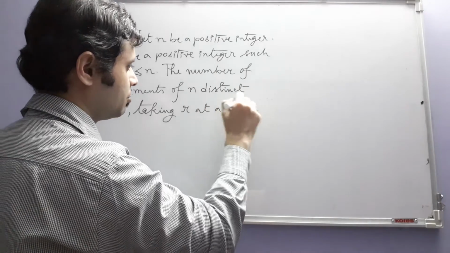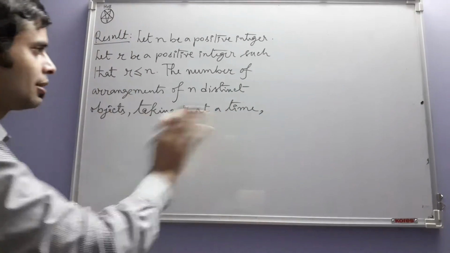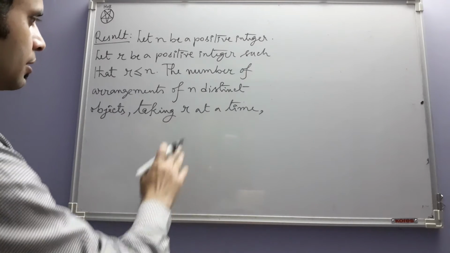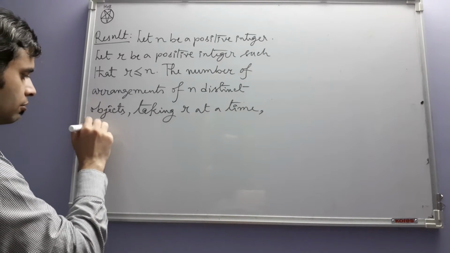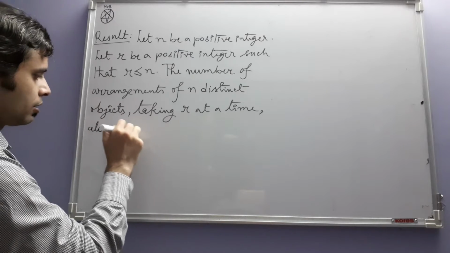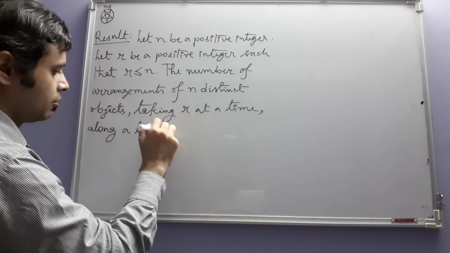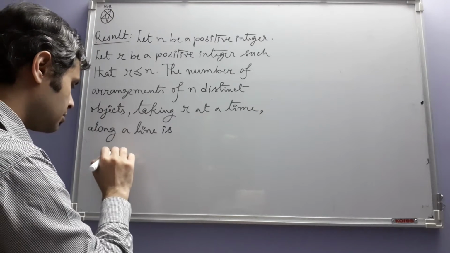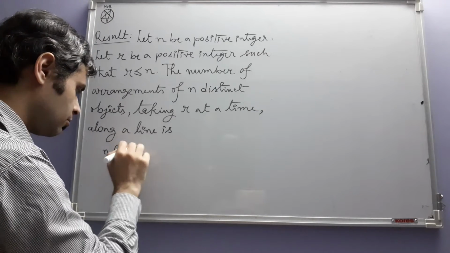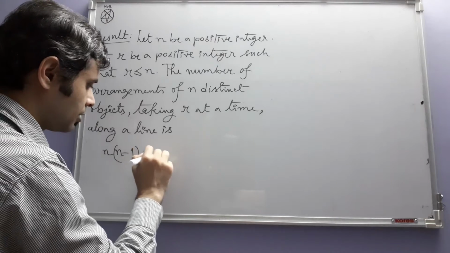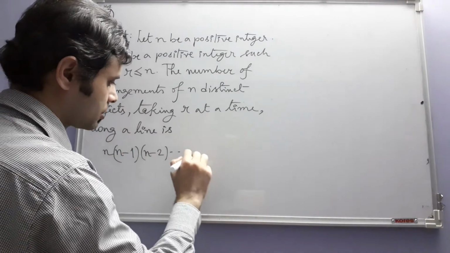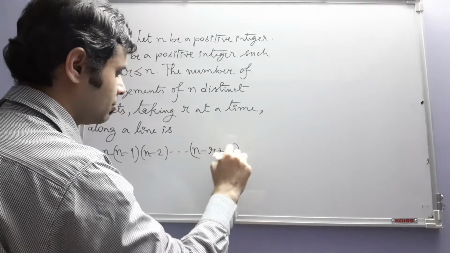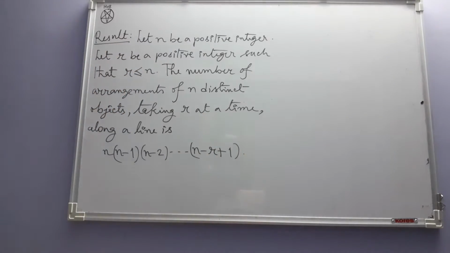This is important. We are not necessarily choosing all the objects. We are choosing r of the n objects, r at a time, along a line is n times n minus 1 times n minus 2, etc., up to n minus r plus 1. I have to explain why it looks like this.